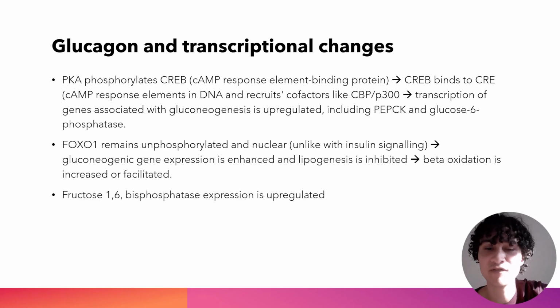Now, this transcription factor will upregulate certain genes that are associated with gluconeogenesis, like your phosphoenolpyruvate carboxykinase and glucose 6-phosphatase. And this is really important because the role of glucagon signaling is to increase hepatic glucose output to raise blood sugar levels.